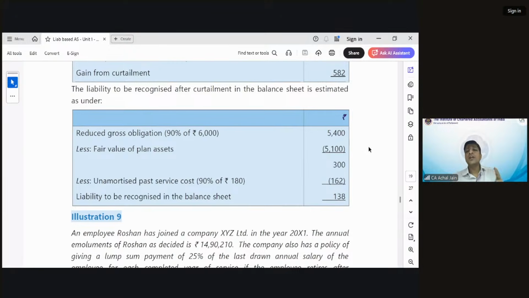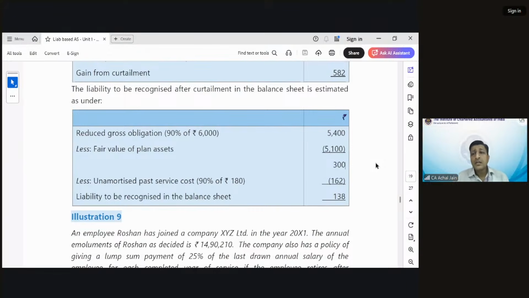You present it on a net basis. You don't show the liability on a gross basis and asset on a gross basis. They are always presented on a net basis. Correct? So when the liability is 5,400 and the asset amount is 5,100, what is the net liability that you have? 300. 300 is the net liability that you have in the balance sheet.